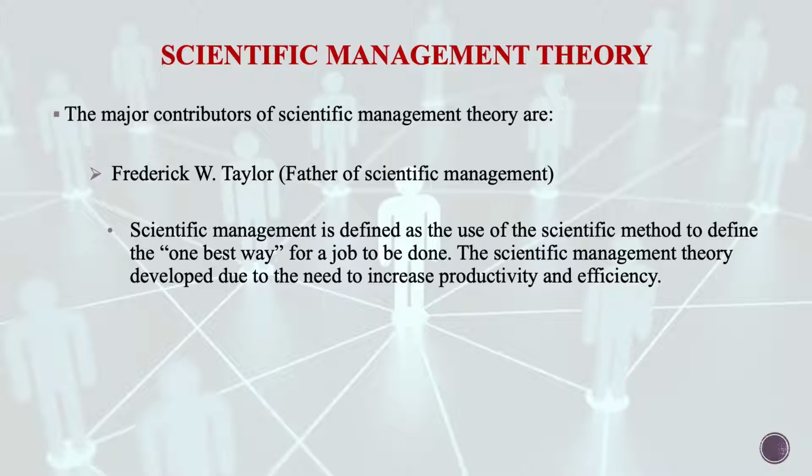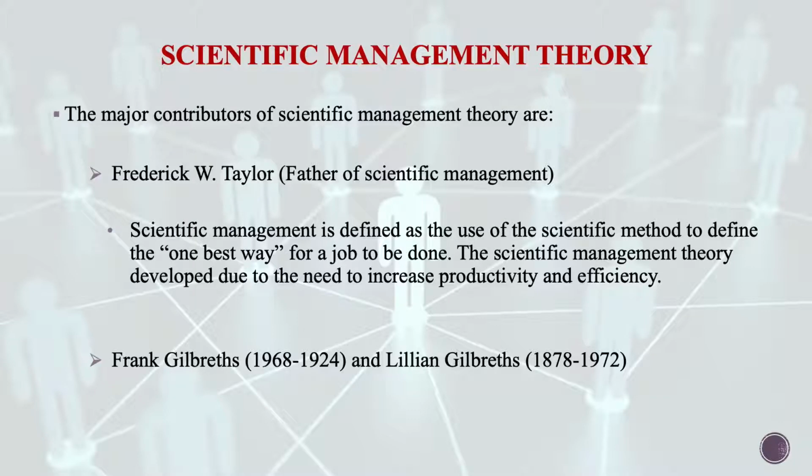The scientific management theory developed due to the need to increase productivity and efficiency. The overall outcome of the scientific management theory is ensuring proper productivity and efficiency in organizational processes. Then the second major contribution is given by Frank Gilbreth and Lillian Gilbreth, with Frank Gilbreth's contribution between 1868 to 1924, and Lillian Gilbreth's contribution between 1878 to 1972.